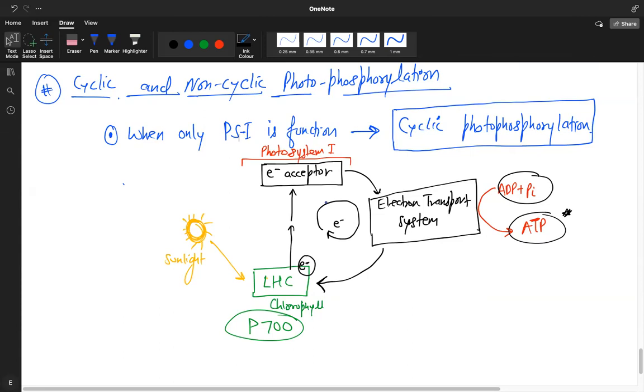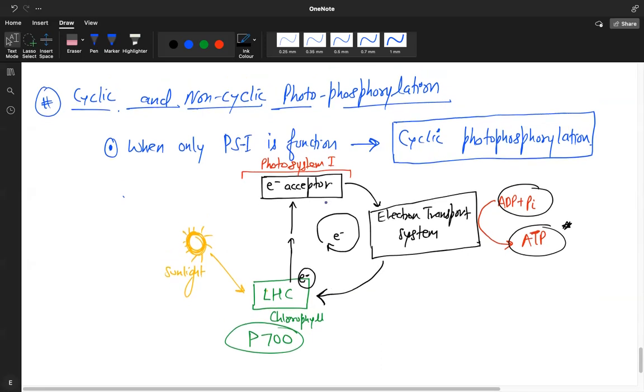So in that case, oxygen will not be produced. Yes, right. In this case, these plants will not produce oxygen in the atmosphere. Correct? Very good. Very good point here. So it makes sense to all of you?